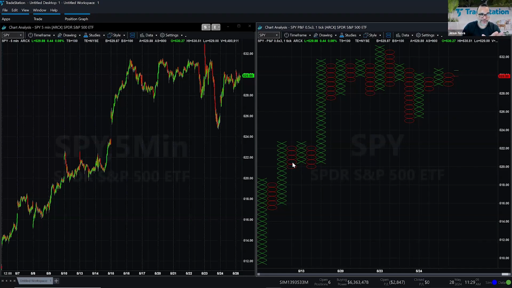If the price moves enough, then it'll reverse. But if it doesn't move enough, then it'll just continue adding boxes or X's in the direction that the market's moving. So all this information that you see here, all these little ups and downs, is represented by just this right here on my point and figure.